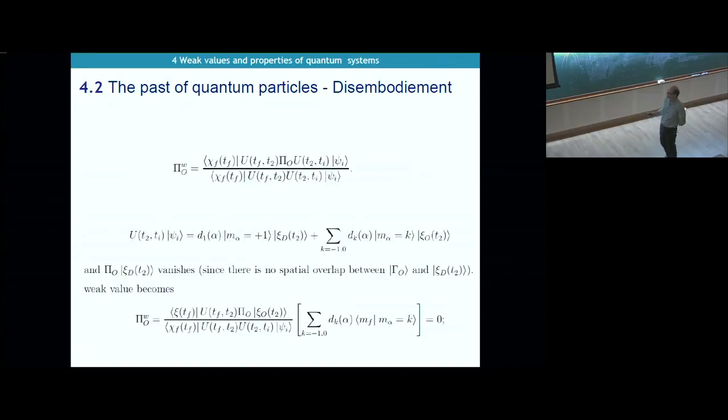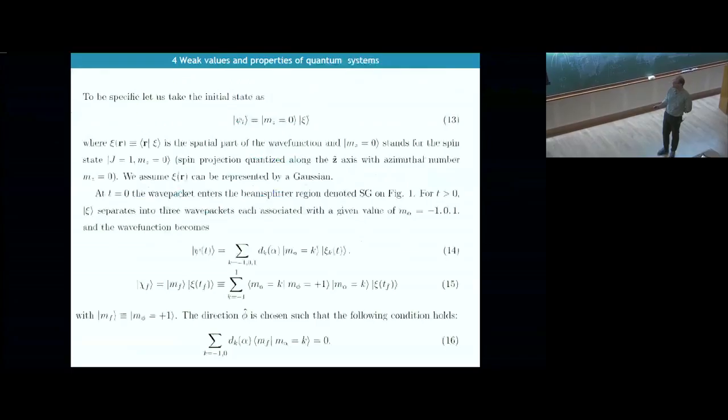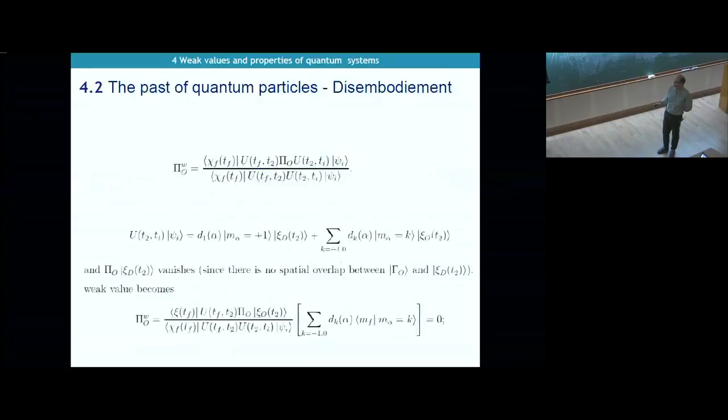That's pretty obvious. And my weak value is given then by this expression. And this is why I chose the final postselected state to be 0, because then, like I did here, if I chose this to be 0, then my weak value vanishes. This is exactly what I wanted to do, and this is why I chose this final state, in order to have this weak value vanish.